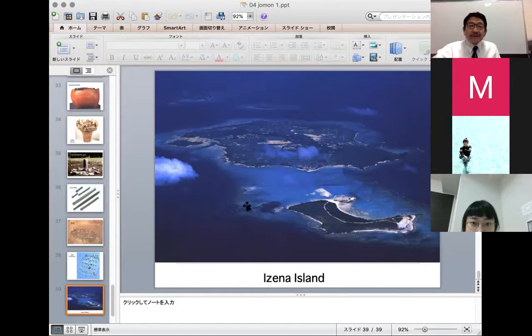There's a coral reef that could only be created in the southern, warm sea environment. But you see a northern cold environment too in the Hokkaido and Tohoku areas. Japan is a long island from south to north. So naturally, the natural environment was different depending on the area, even in Jomon time.